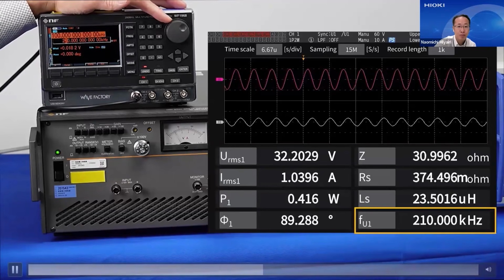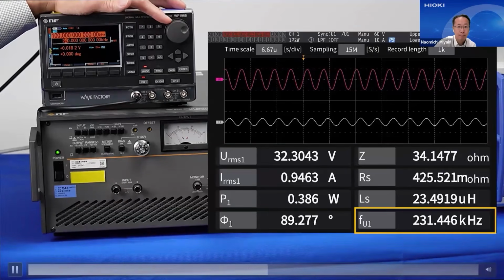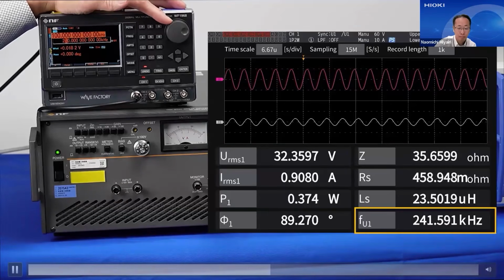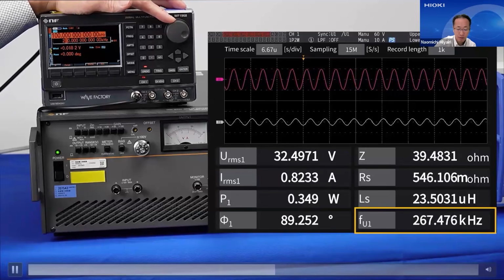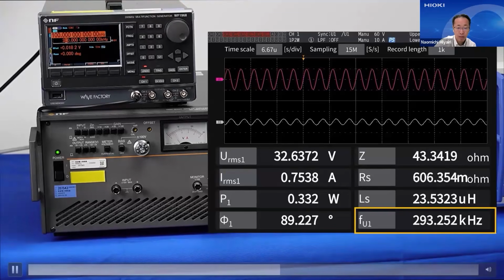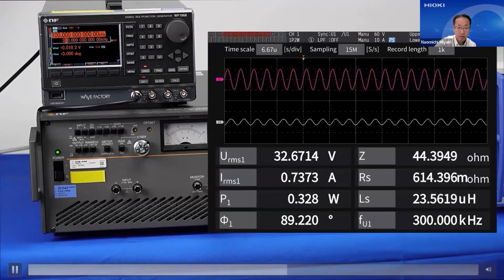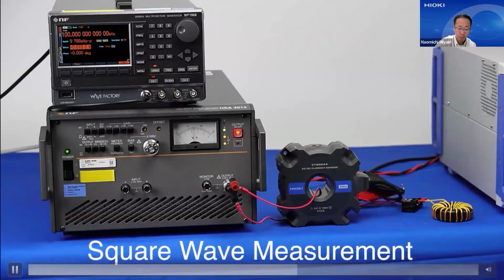And now 200 kHz, and 250 kHz. And we keep pushing up the frequency. And now 300 kHz. So you can see there's a stable measurement being obtained while increasing the test frequency.